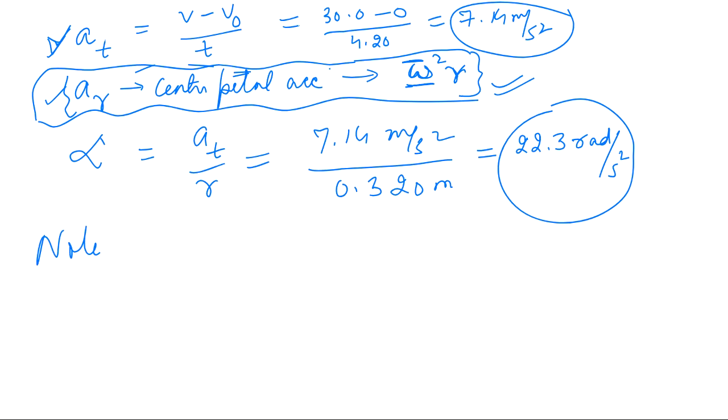If you are converting from meters per second squared, which is the SI unit, and you are looking into an angular acceleration, you can easily write radians per second squared, because units of radians are dimensionless. This is something that confuses the students.